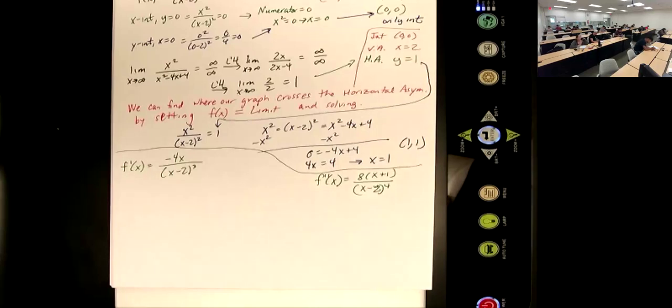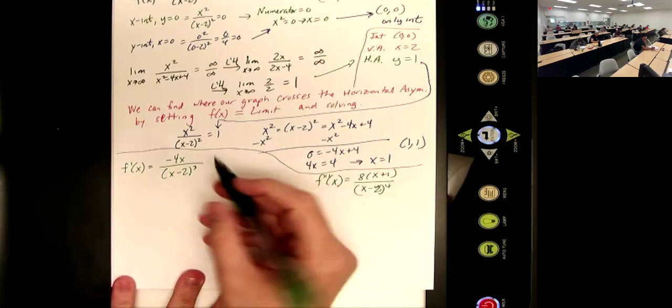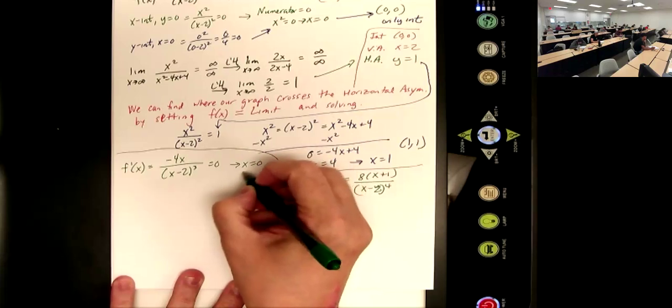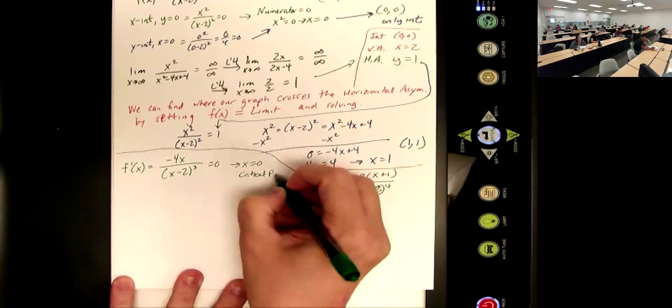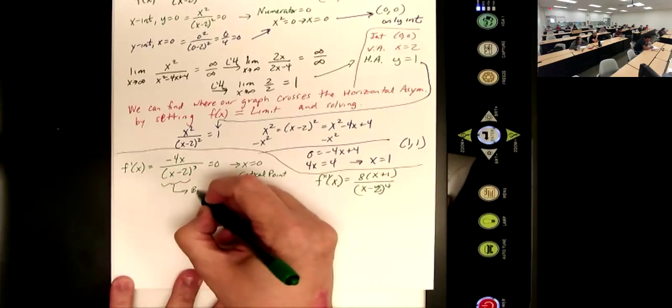Looking at our derivatives now, points we have to look at are where the top or bottom equals 0. So if we set equal to 0, we're gonna find x equals 0 is a critical point. But where the bottom equals 0 is also a critical point, stuff can change.